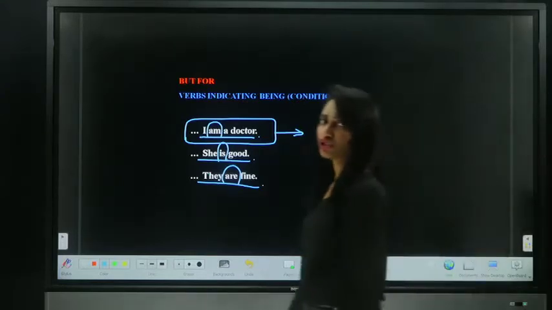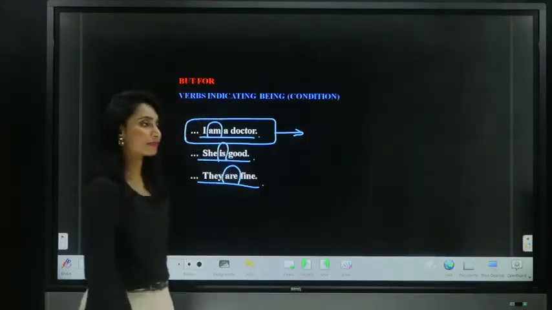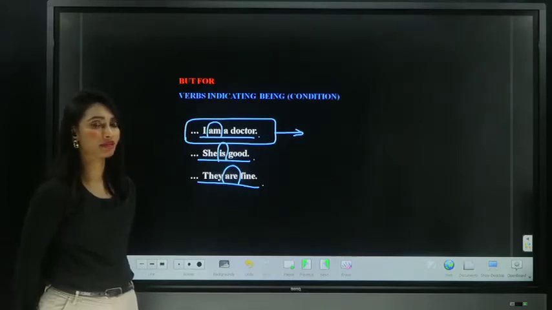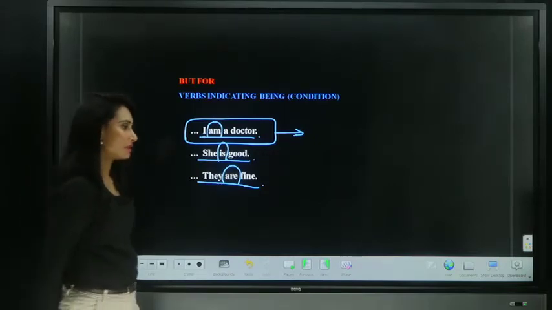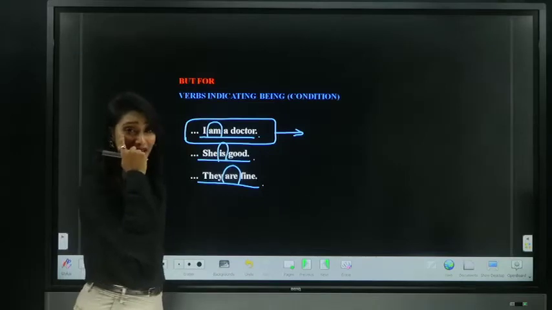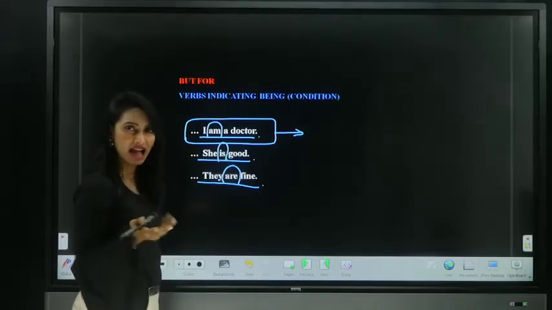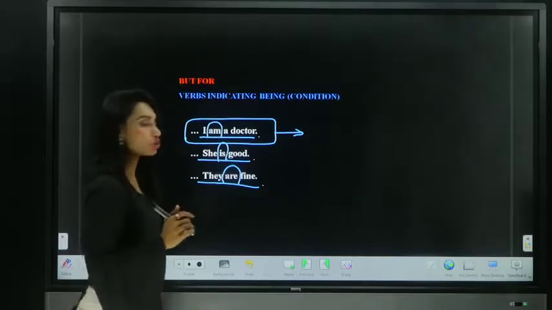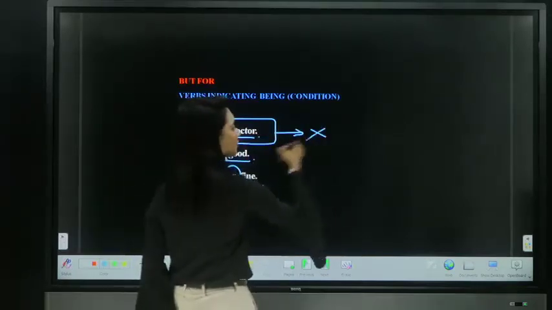Yes, Sanya or Swapna? So can you say I am being a doctor? No, you cannot use that, right? So there is no sense of writing this sentence in present continuous.